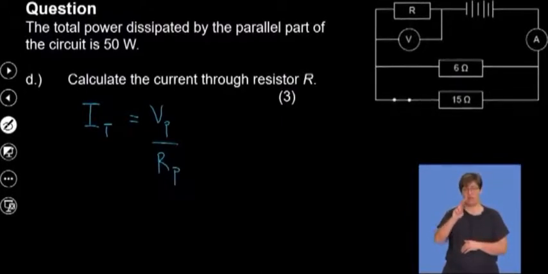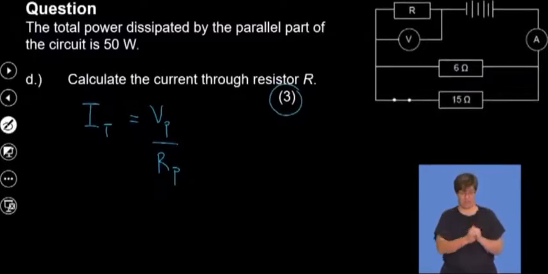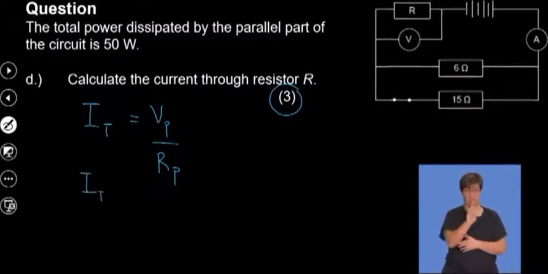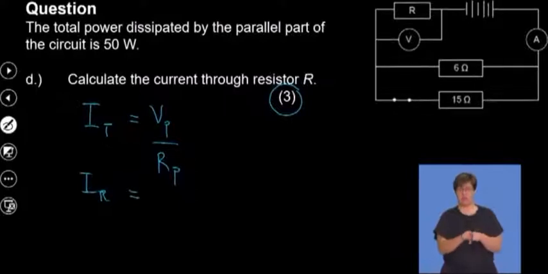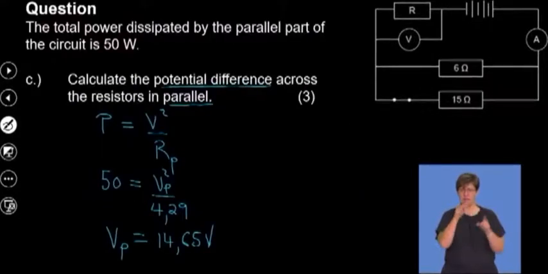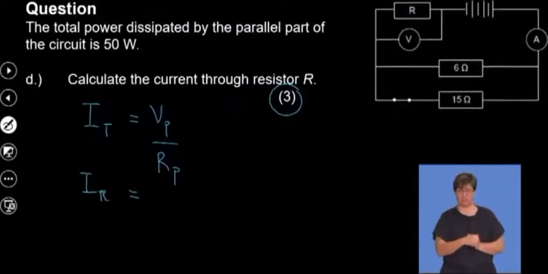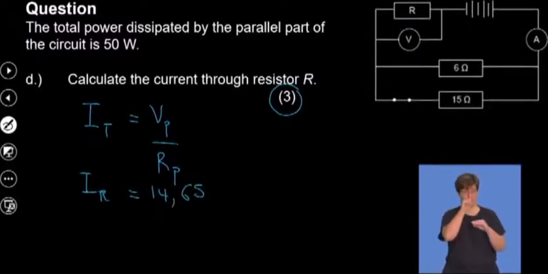Because it's a 3-mark question, it's the formula, which is Ohm's law, the substitution, and then the correct answer. So the current through R is equal to our V parallel, which we got as 14.65 volts, divided by R parallel.